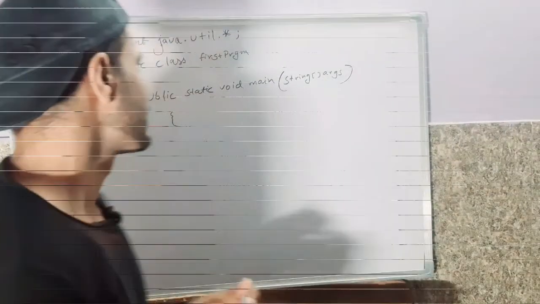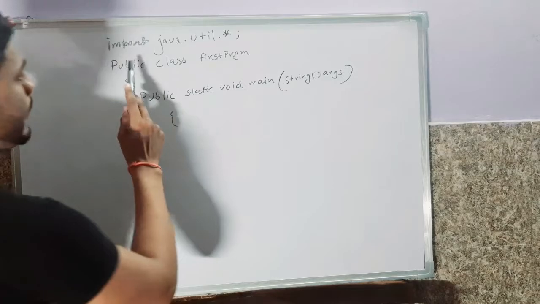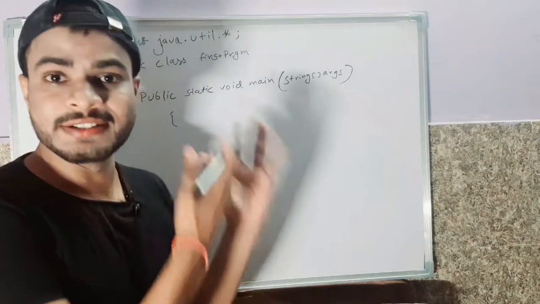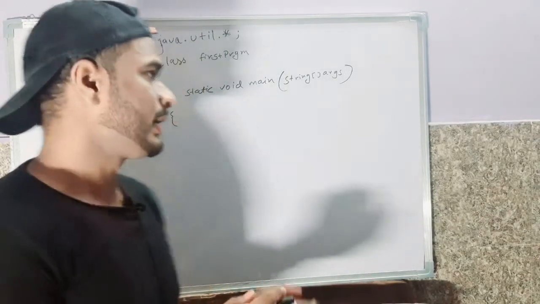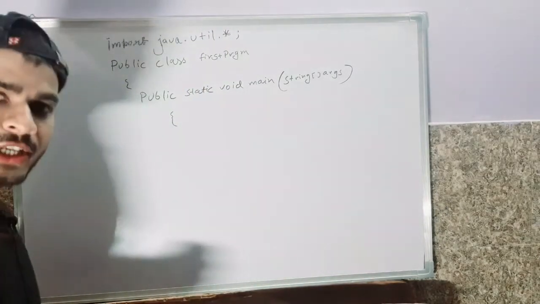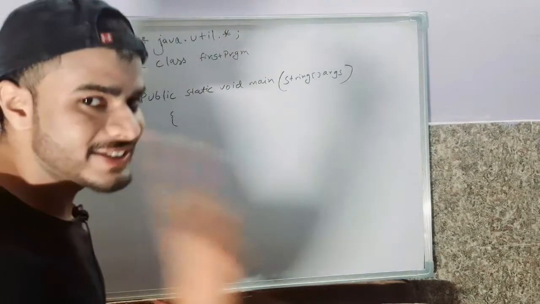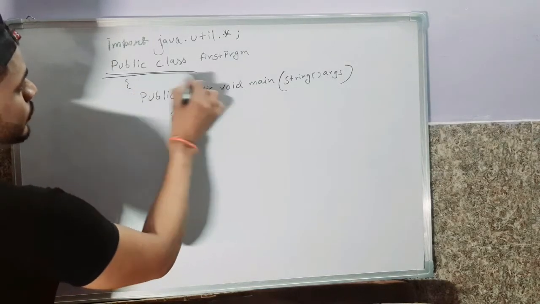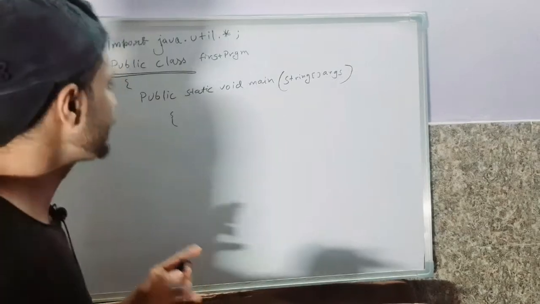Okay, now we have import java.util.*, public class MyFirstProgram. So you are thinking, what is this? Just believe me for 2-3 videos, and after that I will tell you the whole thing. You have to behave like that baby. Public class, you find in every Java program.